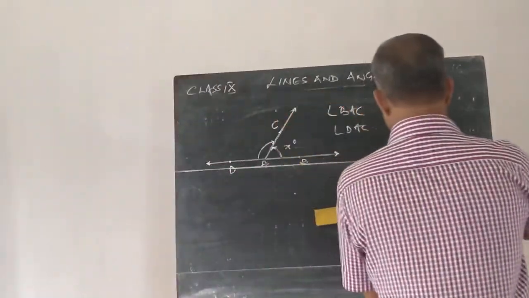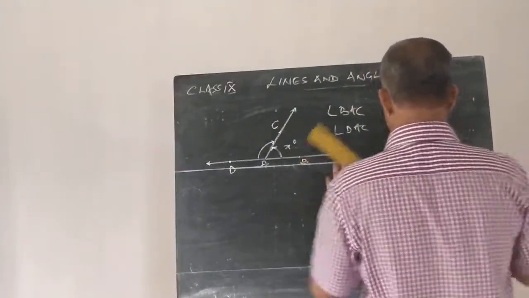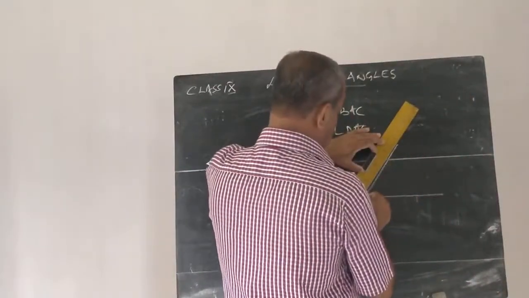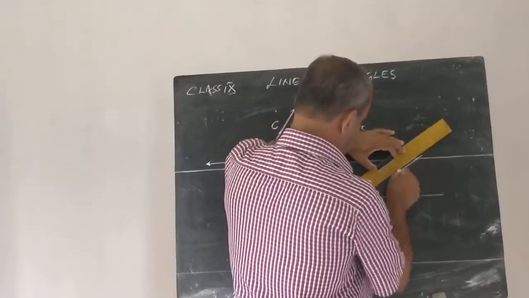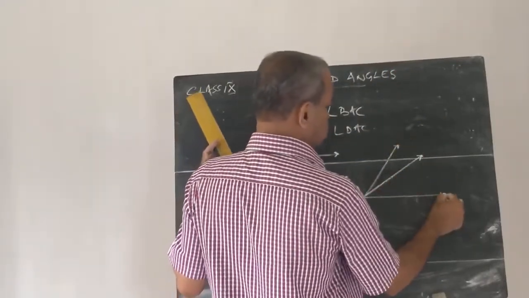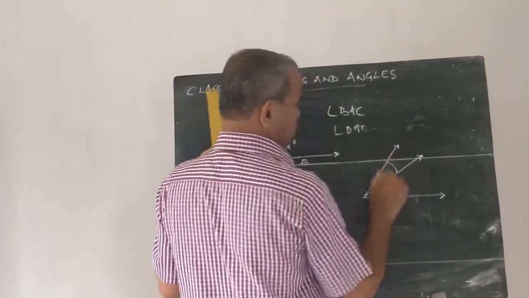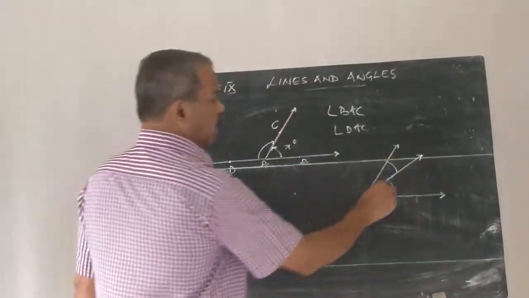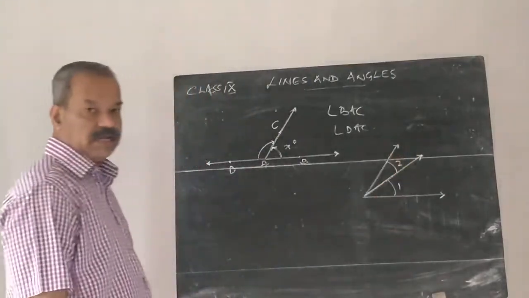Now, we can make adjacent angles in different ways. Here we have two angles. These are also adjacent angles. Angle 1 and angle 2 are adjacent angles.